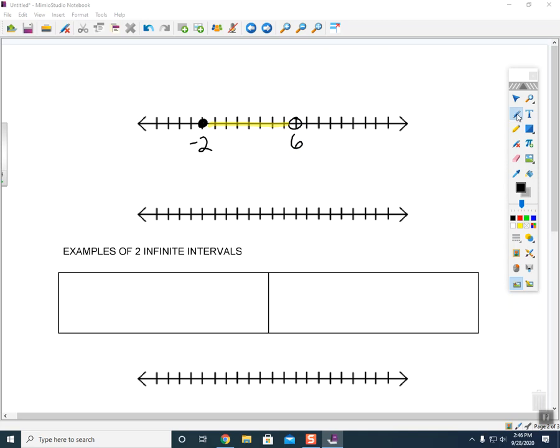Okay, I've got a closed dot on -2, open dot at +6, so my inequality will look like this. -2 is less than or equal to x is less than 6. It includes -2, doesn't include 6. I have one open dot, one closed dot. This is my half open interval.